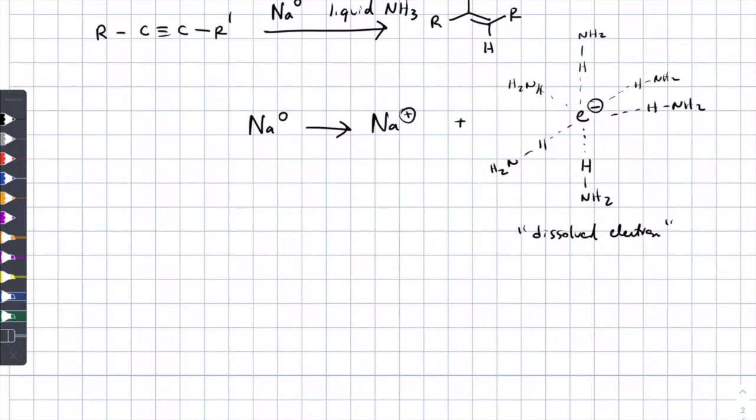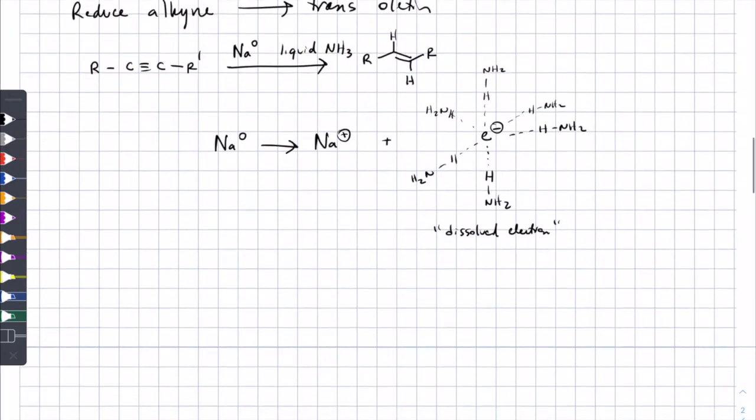Basically what happens is one electron gets added to the alkyne, it gets a negative charge and then picks up a proton. You get an intermediate, another electron gets added, it gets a negative charge, you add the proton in a second step. Because there's two different steps, then you're allowed to get the more stable trans conformation. Okay.